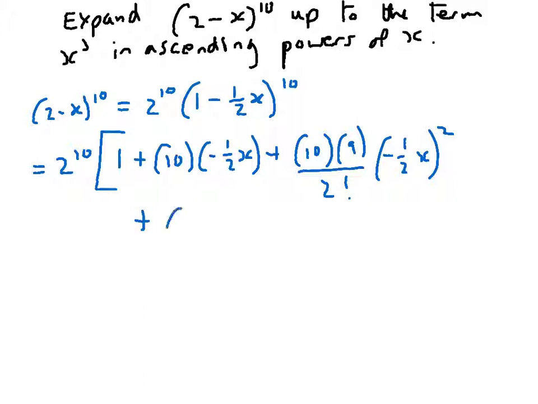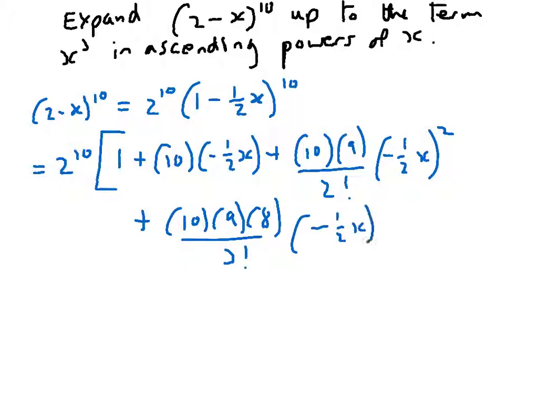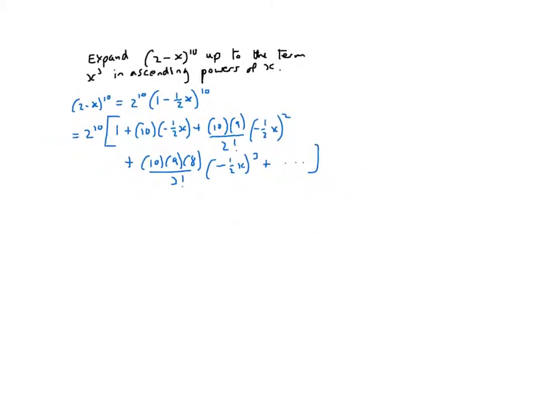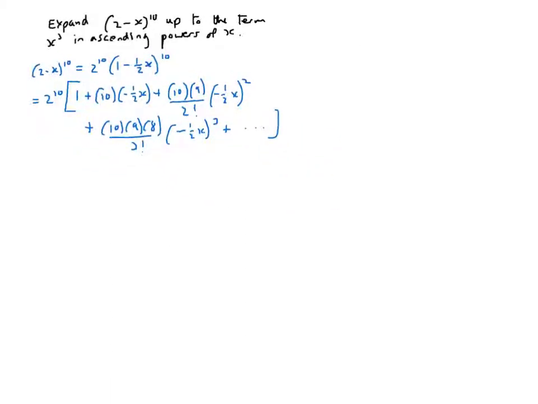Remember, we're only going up to the third term, so I have 10, 9, 8 over 3 factorial times minus a half x all cubed, plus the rest. We don't care about any more because the question only asked up to x to the power of 3. So let's clear this up.